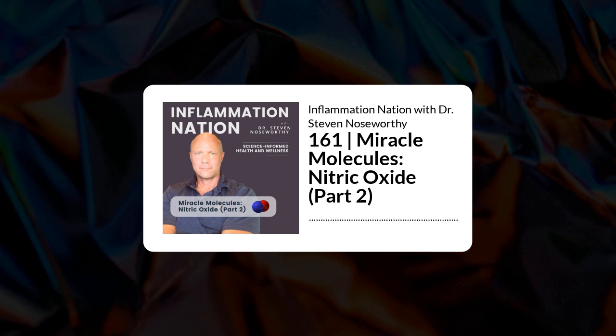Well, guess what? If we don't have sufficient nitric oxide, we can't do that. Not that we can't bring oxygen in, we certainly can, but it turns out that in order for us to drop off oxygen at the cellular tissues or at the tissue site where the cells are, and in order to pick up the carbon dioxide to get rid of it, nitric oxide has to be present.